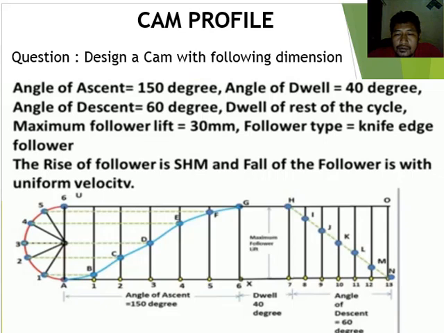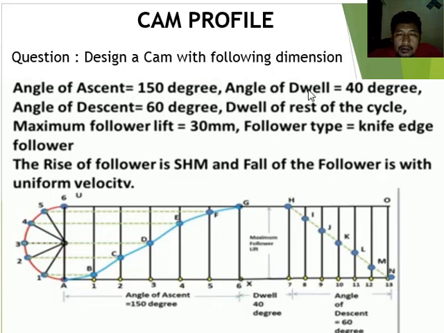Okay, furthermore for the lesson, you can look at the problem example below. This is the question: design a cam with the following dimensions. For the angle of action for the rise motion, we have 150 degrees.